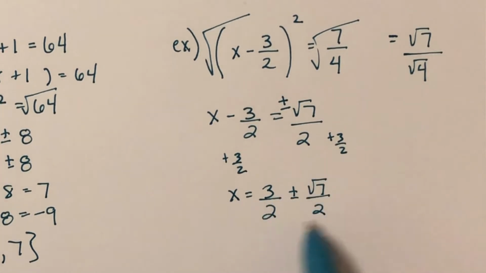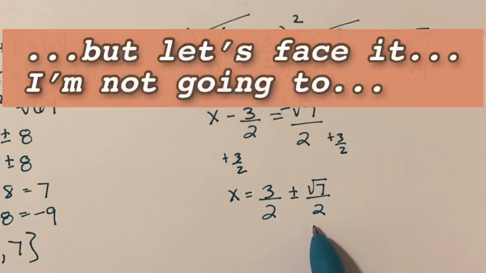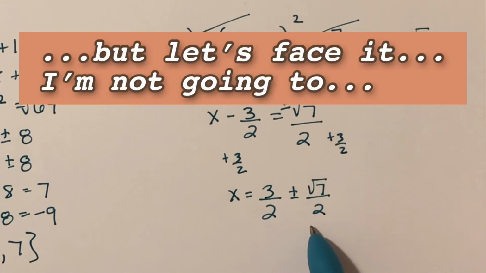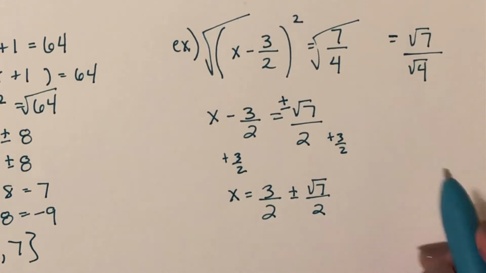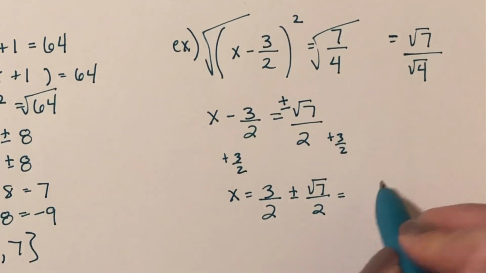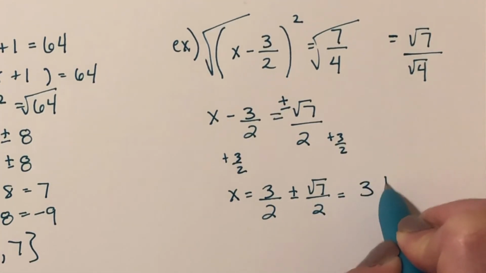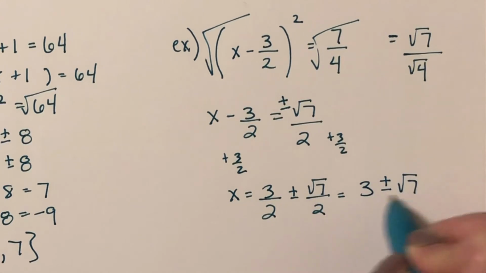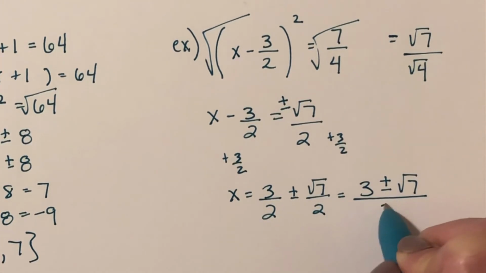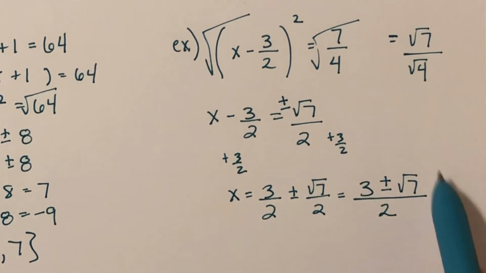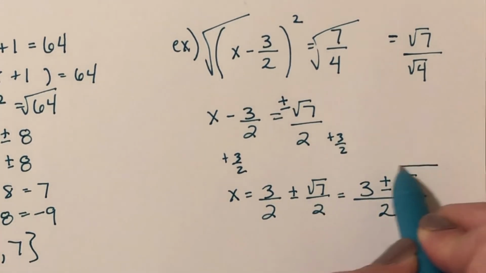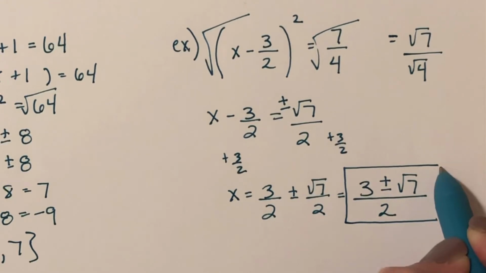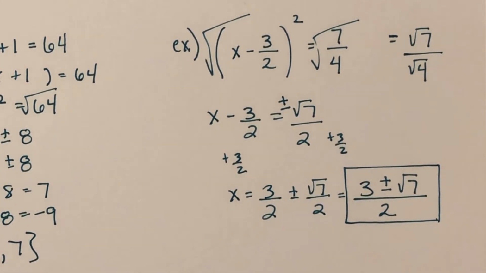I could leave it just like this, like in the previous example, but I notice that these fractions both have a common denominator, so I could write this as one fraction: 3 plus and minus the square root of 7, all over 2. That is my answer, so x equals that, or I could put it in brackets to say that's my solution as well.